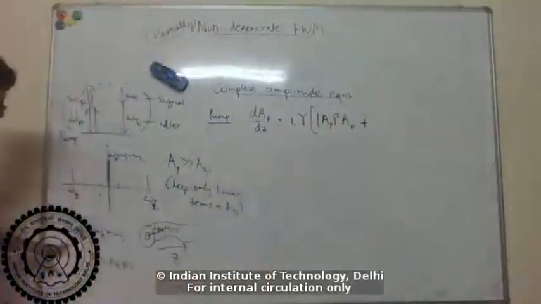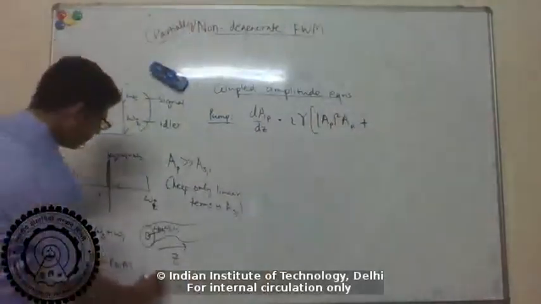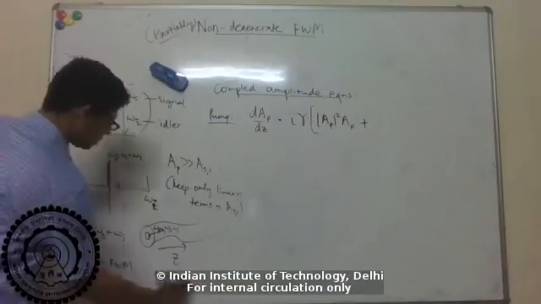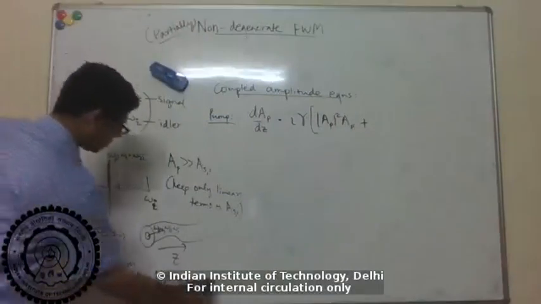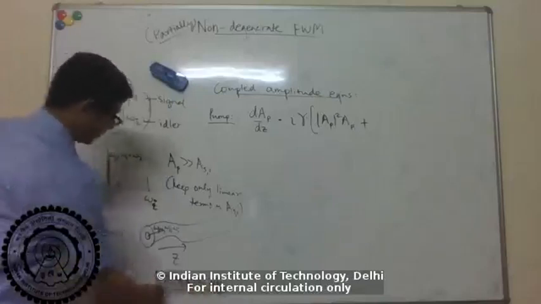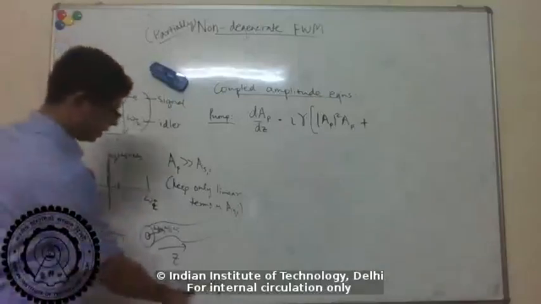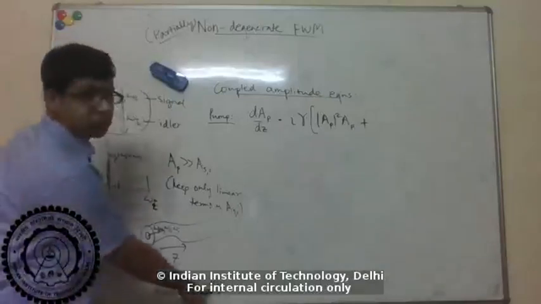so from here we can see that 2 omega p is omega s plus omega I, right? So I can get omega p from omega s plus omega I minus omega p. You can also get omega p like this, right? So this would be as, ai, ap conjugate.